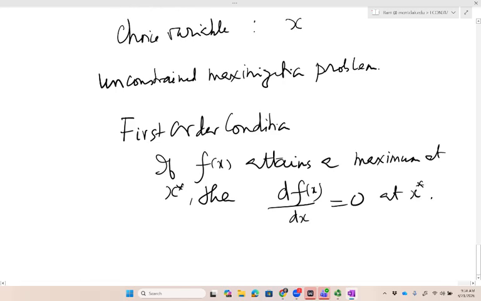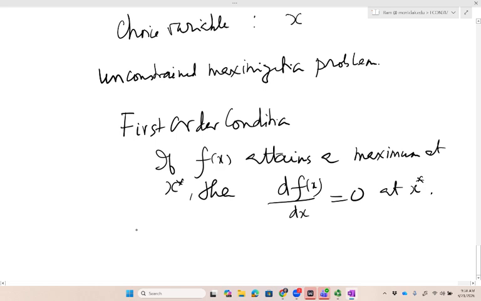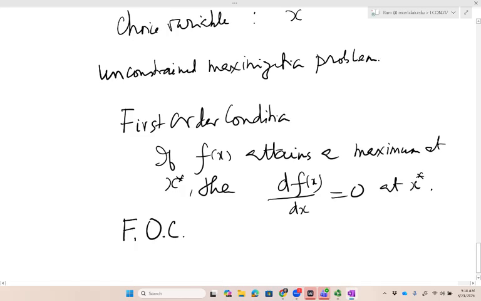When I say we will give it a formal name, this is the condition we will keep applying over and over. So I will write an abbreviation, first order condition, FOC. So FOC must hold.